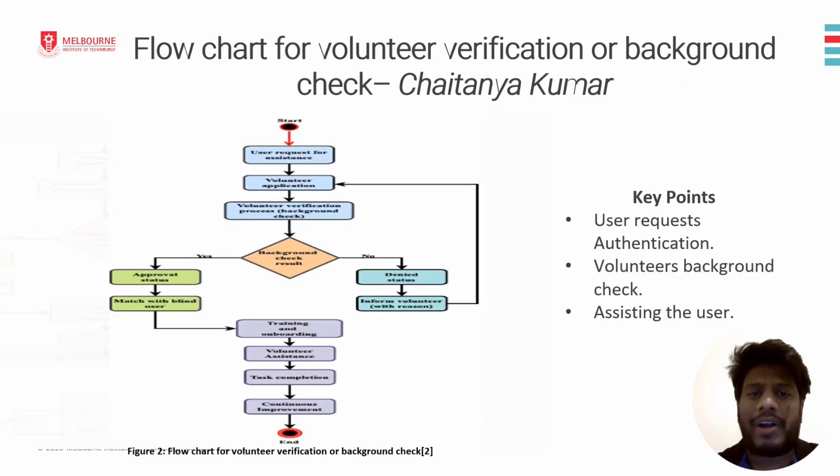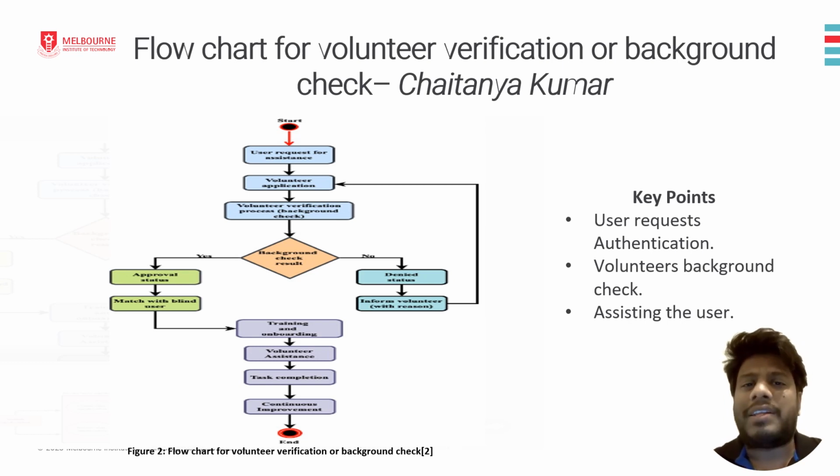This is my individual design approach, which is the process flow of volunteer background verification. The volunteer is the person who receives data from the visually impaired users in the process of assistance, so it is very important to verify the volunteer before getting connected to the blind user. In this process, the volunteer needs to undergo a few security steps, which might be answering a security question.